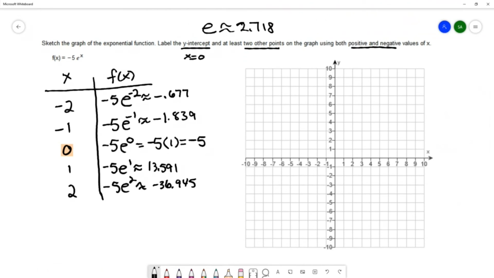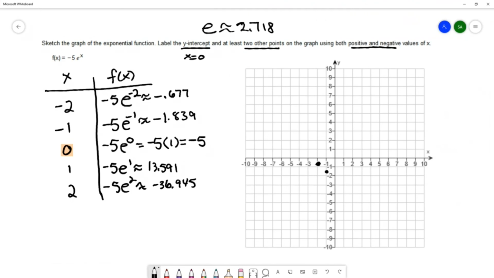So now we have the approximate values of our y, and we can plot the ordered pairs. We've got negative 2 and negative 0.677. That would be about right here. We have negative 1 and negative 1.839. That's almost negative 2.